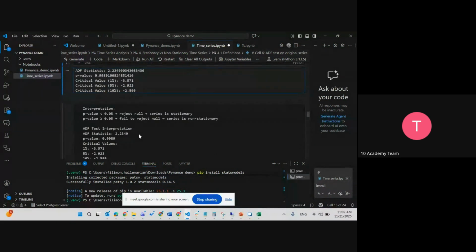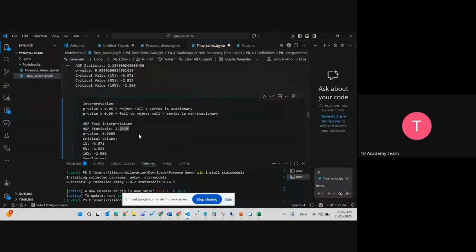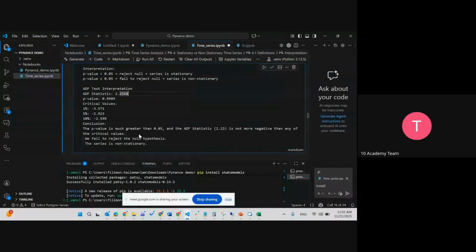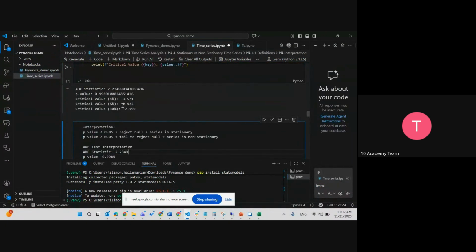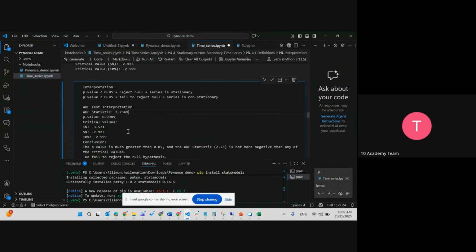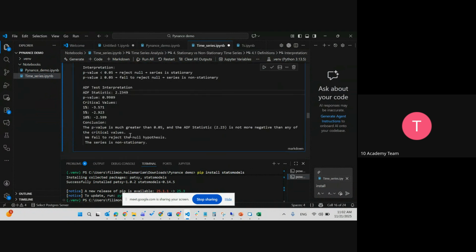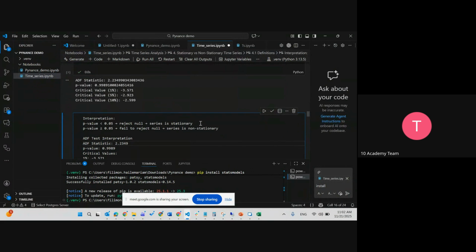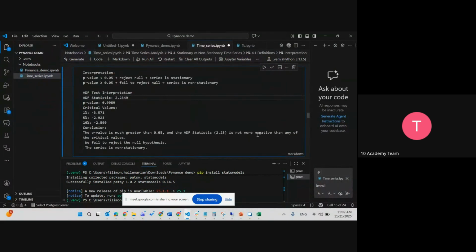So how can we interpret these values? As you can see, the p-value is 0.99, much greater than 0.05. The ADF statistic is 2.23 here. It's not more negative than any of the critical values.